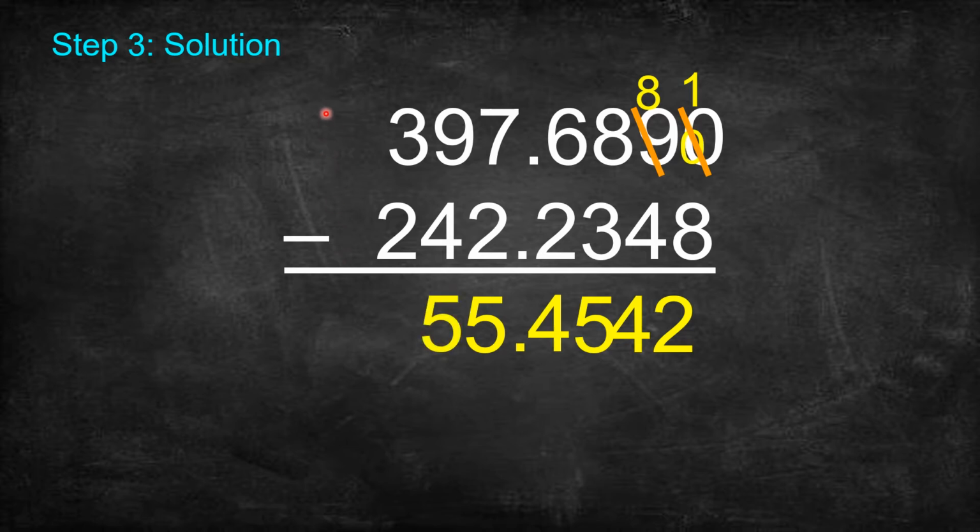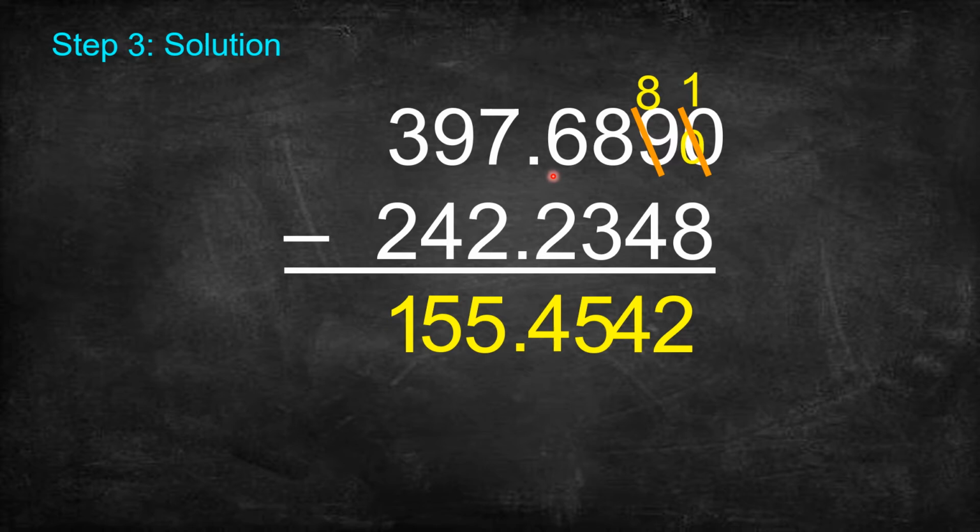And then, the last one, 3 minus 2 is equal to 1. So, our answer is 155 and 4,542 10,000s.